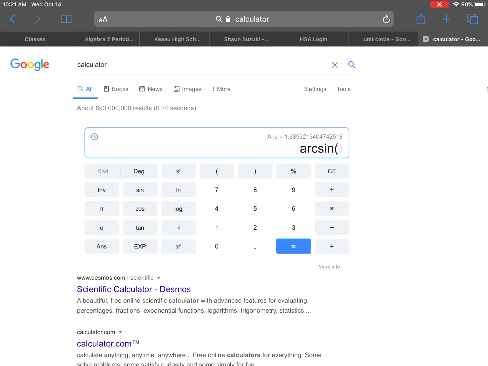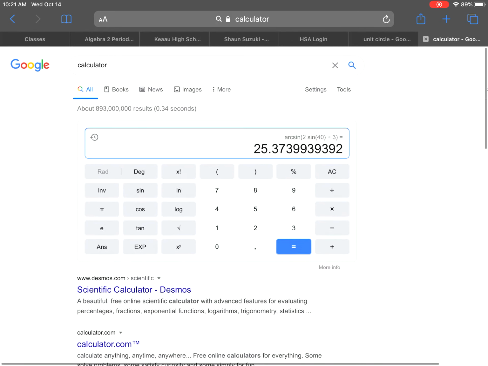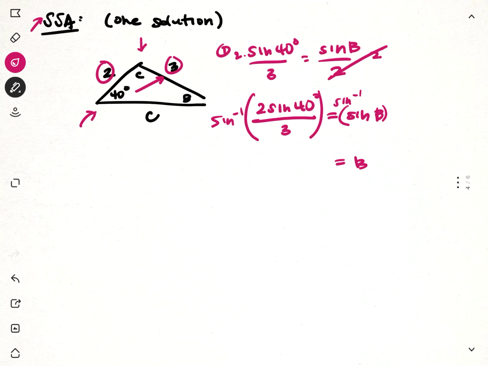So sine inverse, and in our parentheses, I'm going to put 2 sine 40, close that parentheses, divided by 3, and then close the bigger parentheses. So it's taking the sine inverse of that whole parentheses. We hit equals, and we get 25 point, we'll round the 3 up to 4. So 25.4 degrees, because we're talking about an angle. 25.4 degrees.